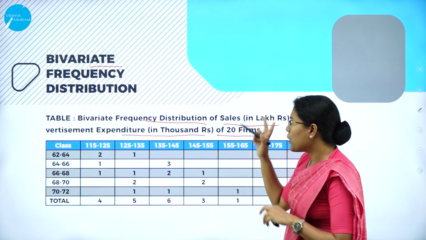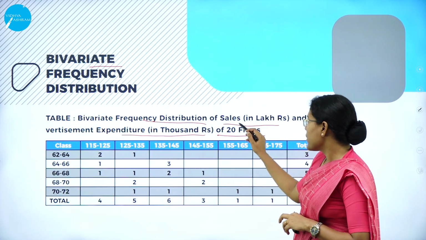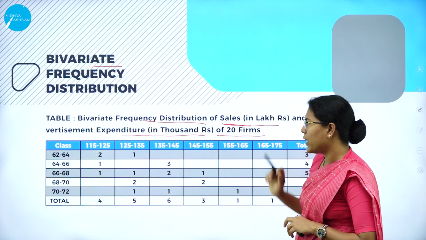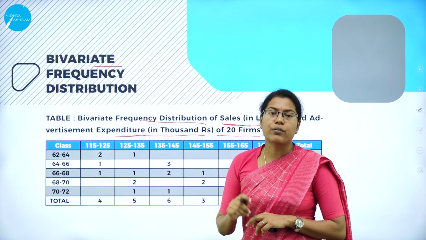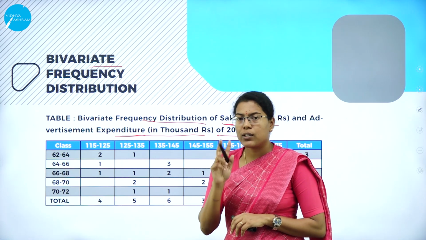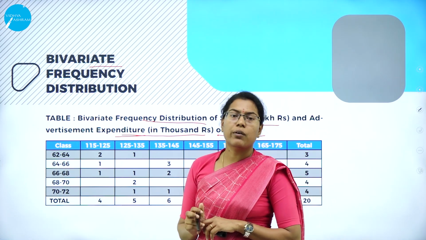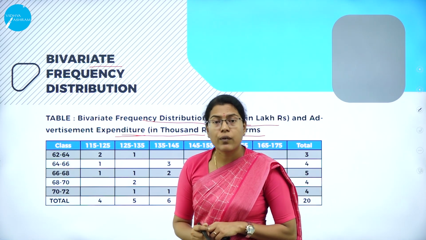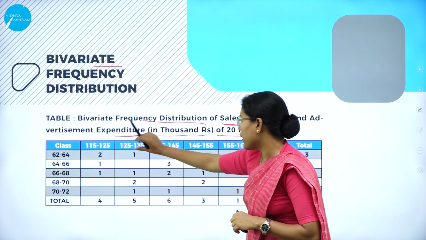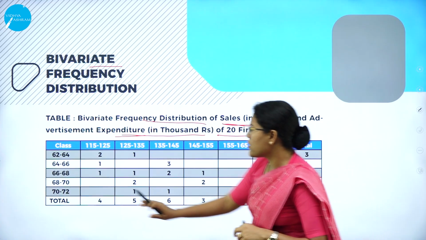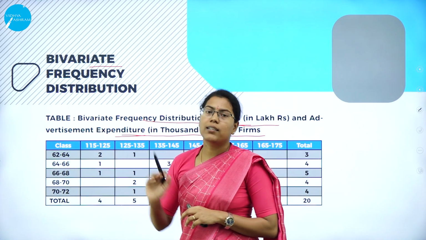That means there are two variables here: the sales of those 20 firms and the advertisement expenditure of those 20 firms. So how do we make a frequency distribution table for two variables? We give the column heading for one variable and the row heading for another variable.